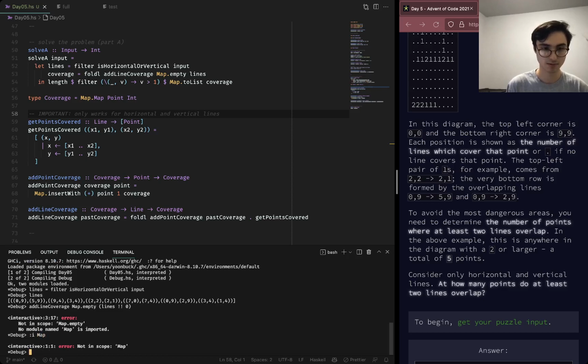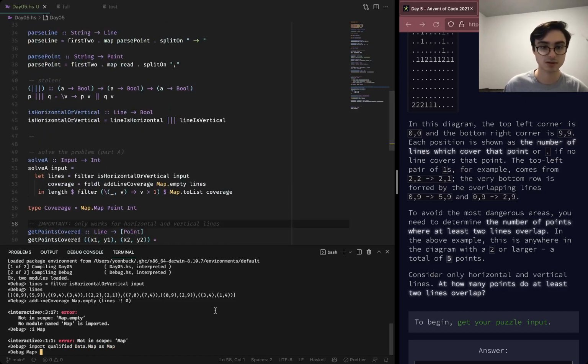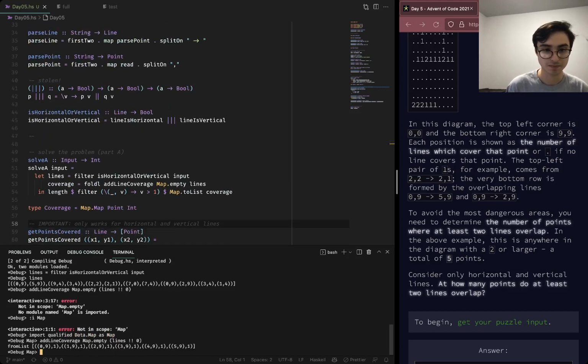How do I do that? I guess that worked. Almost. We have 0,9, 1,9, 2,9, 3,9, 4,9, 5,9. That seems fine, so let's try coverage 1. And instead of Map.empty, we'll do this previous one.